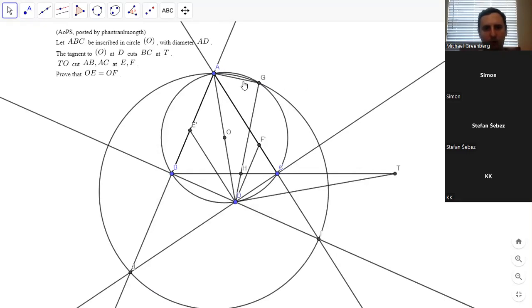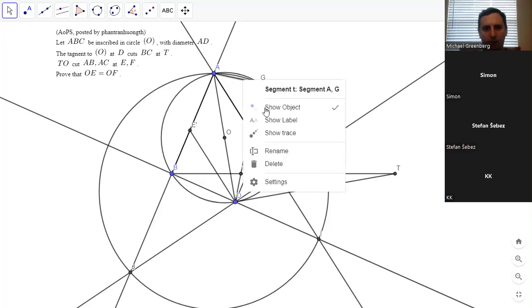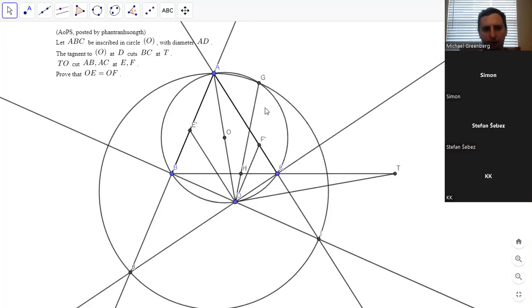So G is defined like this, right? Yeah, as the intersection of those two circles. Then you just need to show that B prime times BA over BJ times BA.